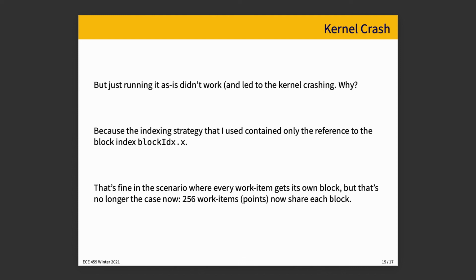Why? Well, the answer is because the indexing strategy that I used contained only a reference to the block index.x. That's fine in a scenario where every work item gets its own block, but it is no longer the case now. 256 work items share each block.